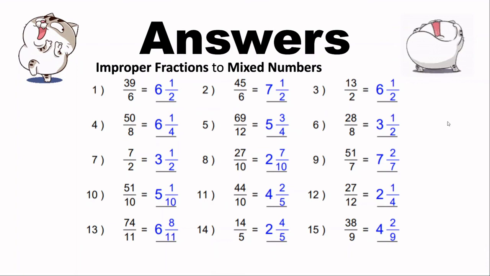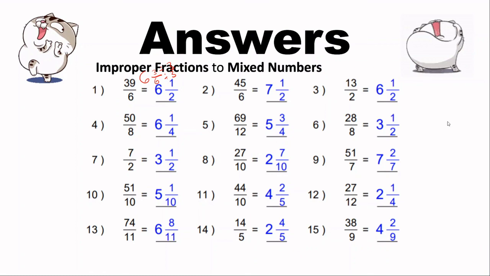This first one, for example, would have been 6 and 3/6. And we simplify that by finding the common factor of both the numerator and the denominator. We could divide them both by 3. The numerator, 3 divided by 3, gives us the 1, and the denominator, 6 divided by 3, gives us the 2.